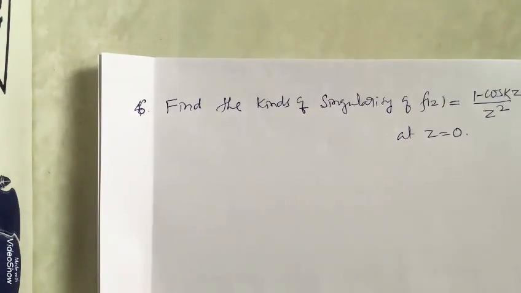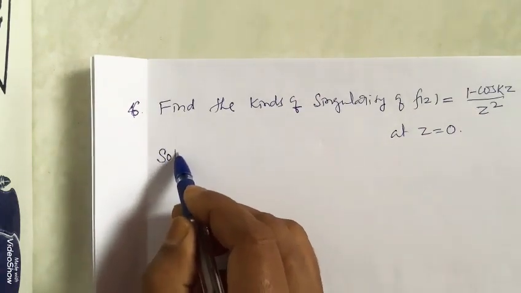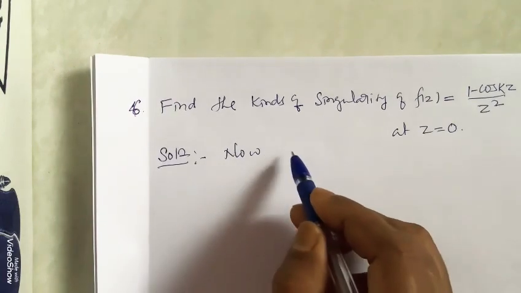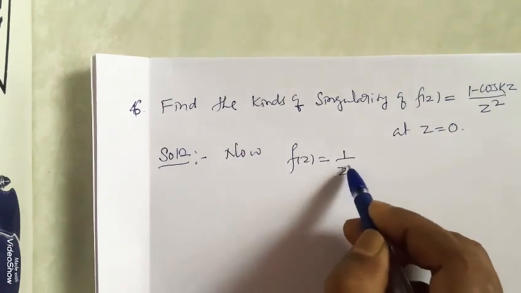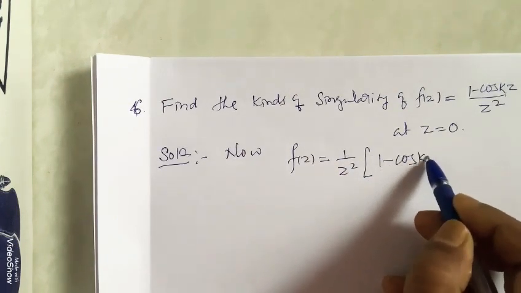Okay, therefore, now f z is 1 upon z square into 1 minus cos kz.